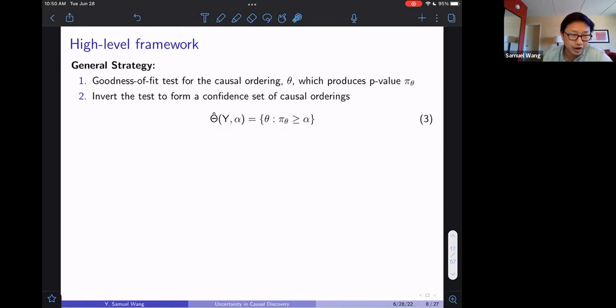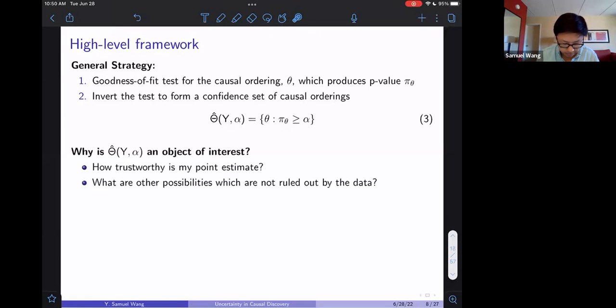This is very straightforward, there's nothing too complicated about it. Assuming we can compute or get our hands on this object, a question is, why should you care about it? If you recall the questions about uncertainty that I brought up at the beginning: first, how trustworthy is my point estimate? And what are other possibilities which are not ruled out by the data?